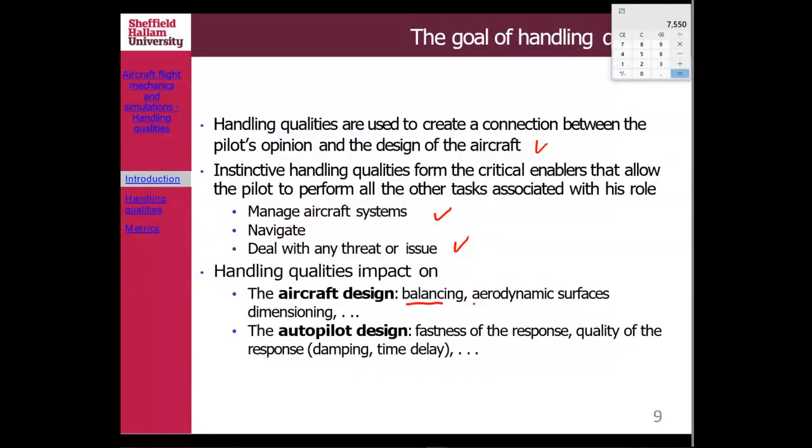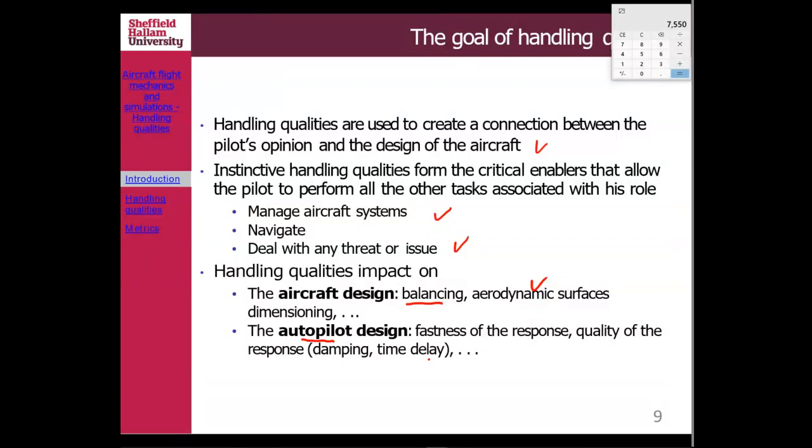So how do you assess the static stability, the balancing, and so on, how you design the aircraft aerodynamically and so on and so forth. And then obviously how you design the flight control system. And when I say autopilot here, it means not only the autopilot, the computerized flight control system, but of course flight control system in general.